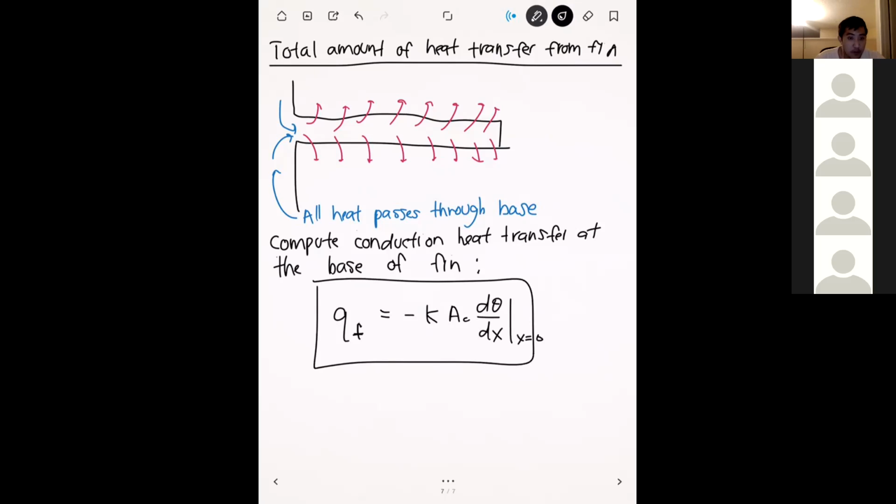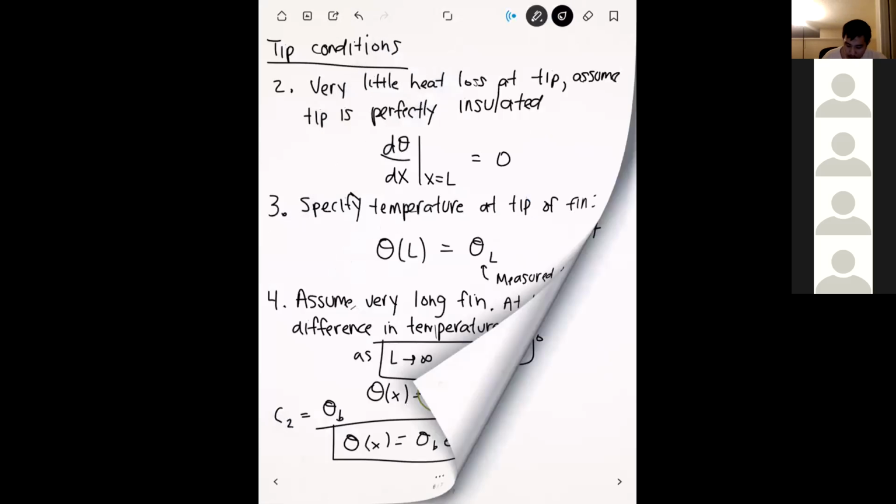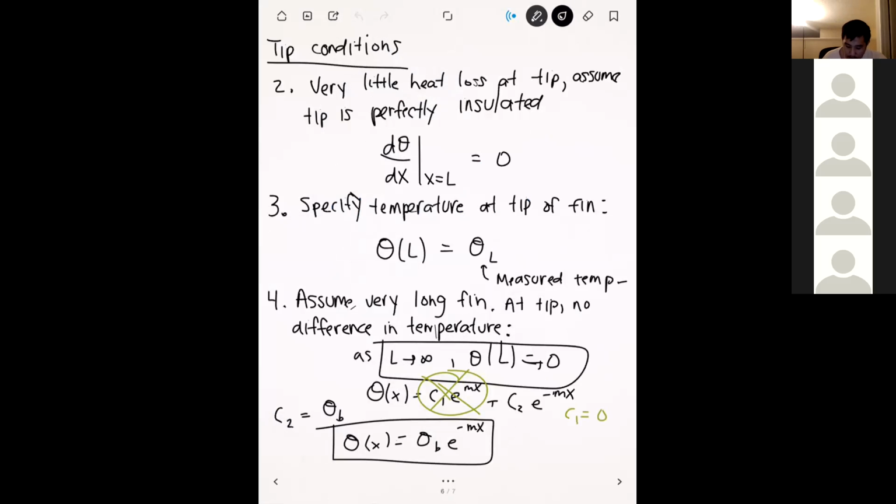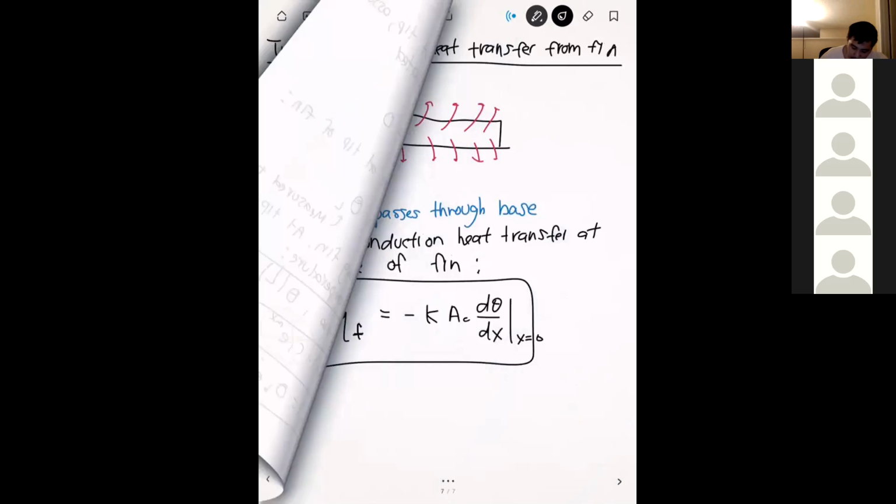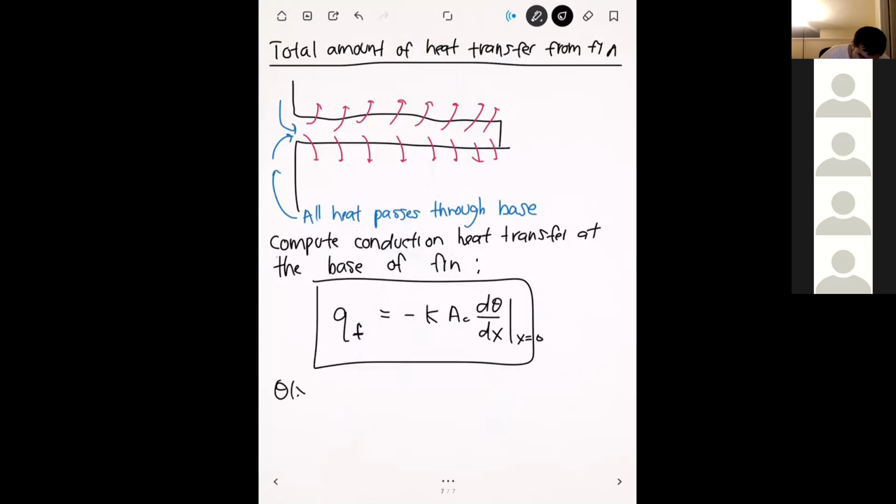And so if we apply that to our previous solution, theta of x is equal to theta b e to the minus mx.